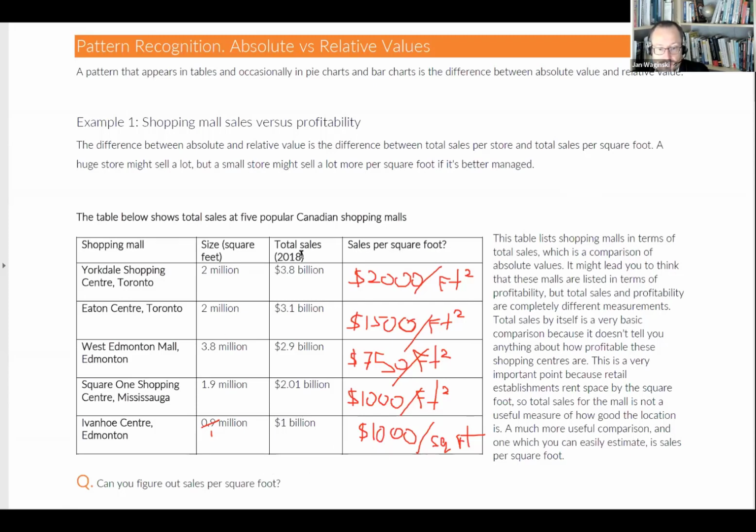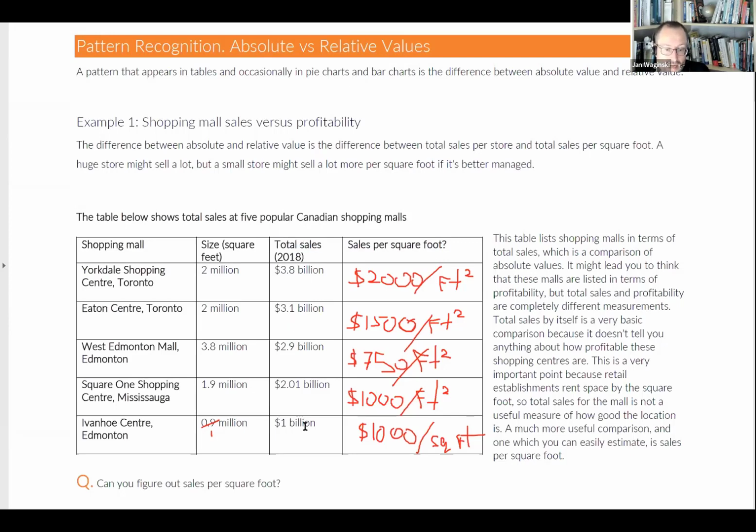Okay, so this is the difference between total sales and sales per square foot. Total sales, when I'm talking about absolute values, is a raw number. Relative values are called relative because they're related to other things. Relative values are useful for comparisons, not absolute values.